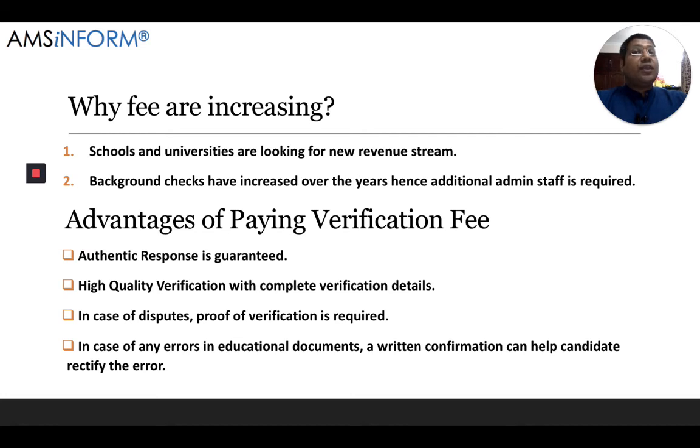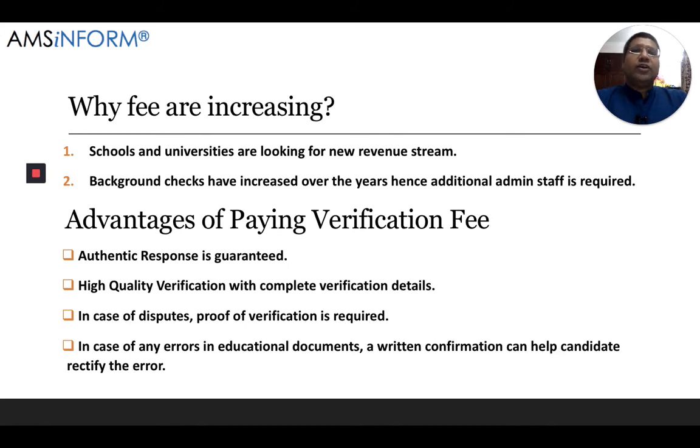Lastly, if there are any errors in the documentation that was issued by the university at the first instance, for example, a copy of a degree, say 10 years back or 15 years back, was misprinted, or the name was incorrectly written, or the registration number was incorrect, or the graduation year was incorrect, or even in the matter of grades, there was an error in printing of those documents.